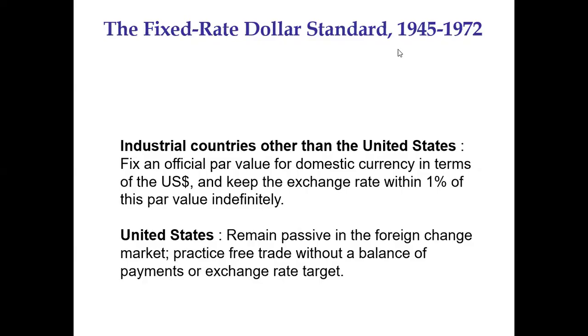In the fixed rate dollar standard from 1945 to 1972, Britain remained passive in the foreign exchange market. They were more interested in free trade without balance of payment or exchange rate concerns, when we got our freedom.